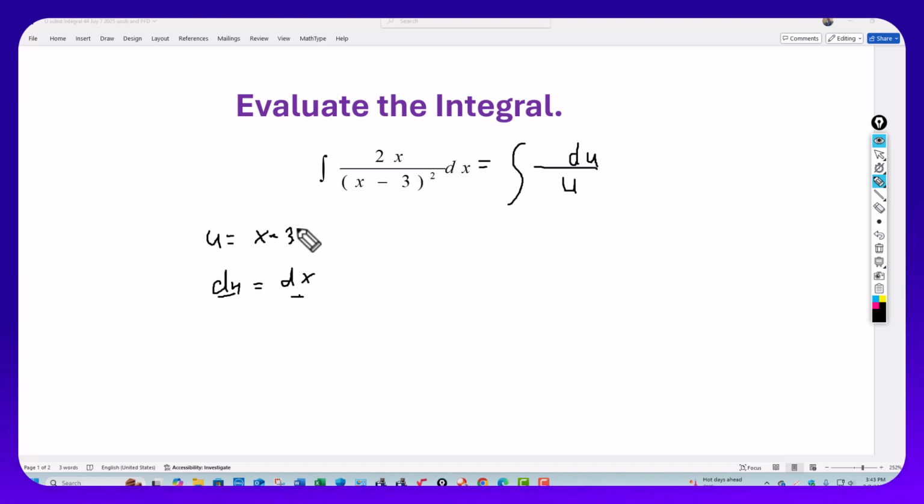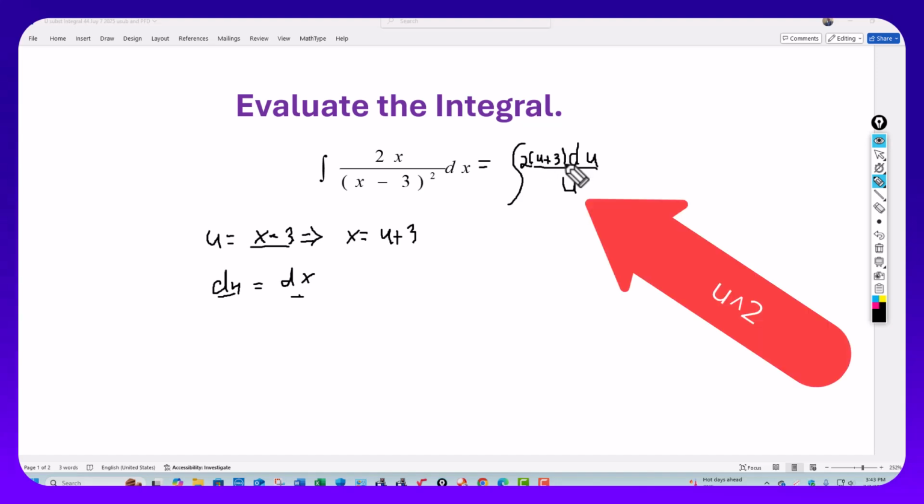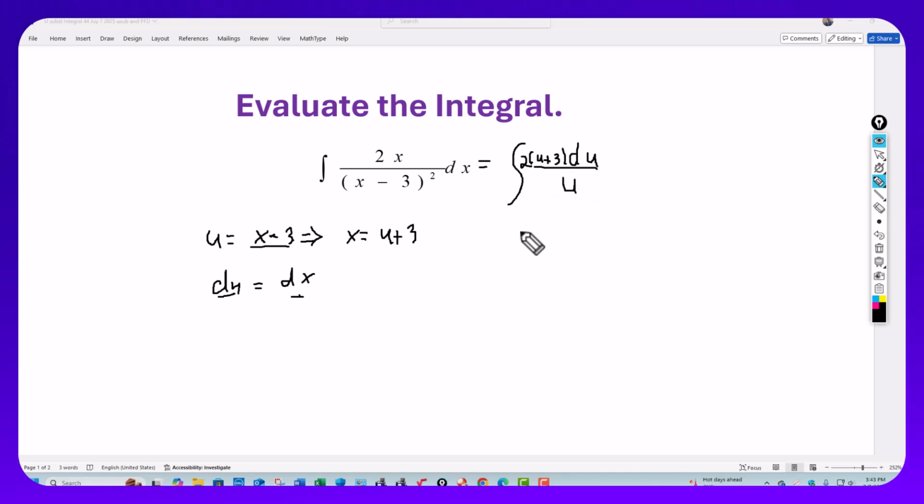And for the x, we can use the same u-substitution, except in this case, we solve for x. Let's take the 3 over, and we get x can be replaced by u plus 3. So for the x, I'm going to have a 2 multiplying the u plus 3.